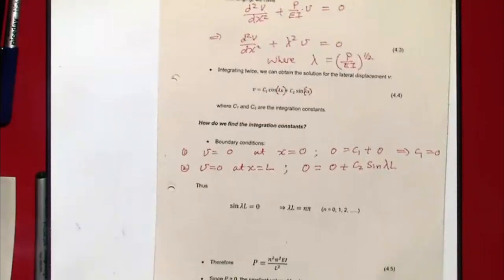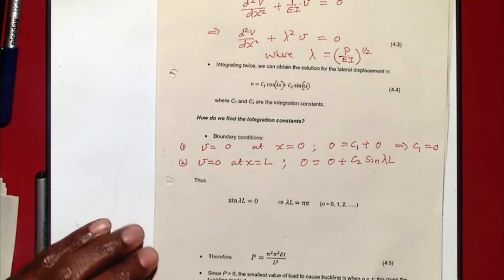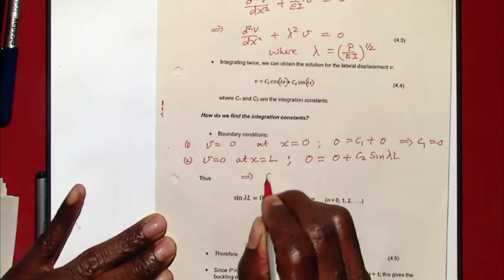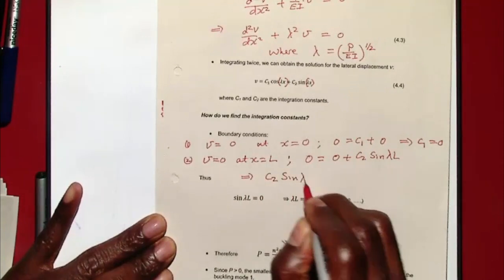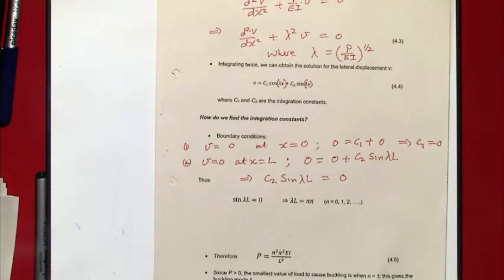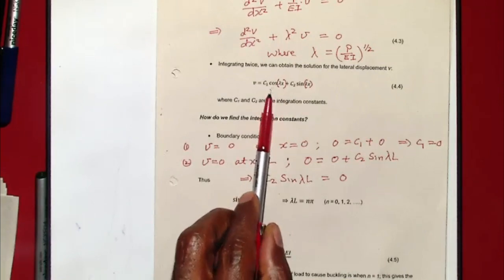Right. So now we know C1 is 0, and we have C2 sine lambda L, which means C2 sine lambda L is 0. Because we know C1 is 0, the first part of this deflection equation is 0.